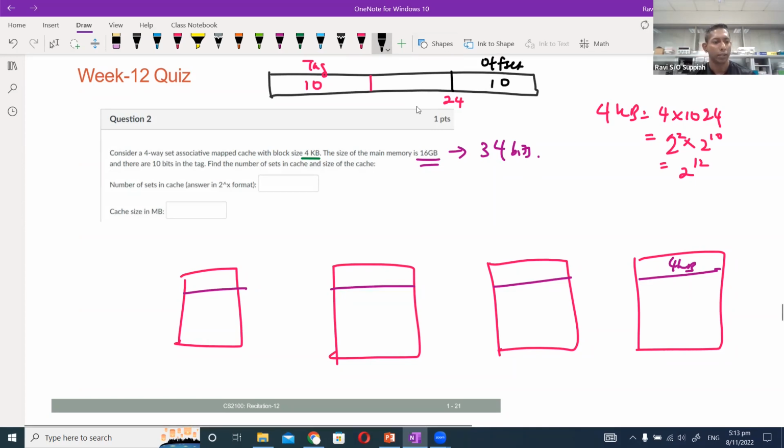And that means for the set or the index, we are going to have another, sorry, not 10, 12. 12 here, so the balance here will be another 12.